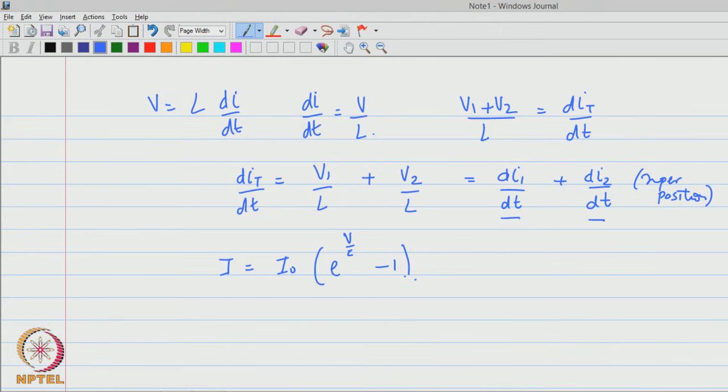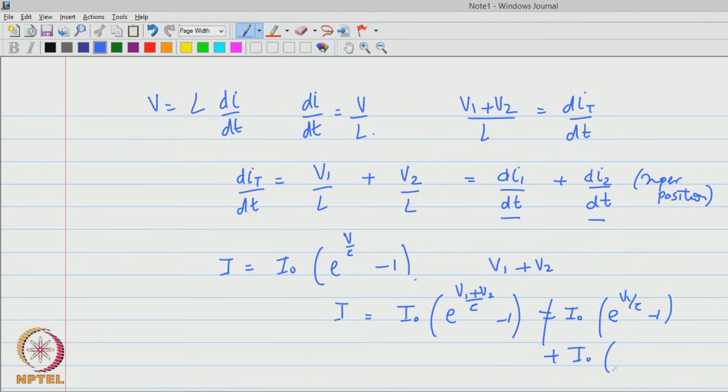If I take V as a combination of two sources, V1 plus V2, I could never write I as an individual combination. The total I would be I0 e to the power V1 plus V2 over tau minus 1, and this is not equal to I0 e to the power V1 over tau minus 1 plus I0 e to the power V2 over tau minus 1. So, superposition does not hold, and similarly you can check homogeneity as well.